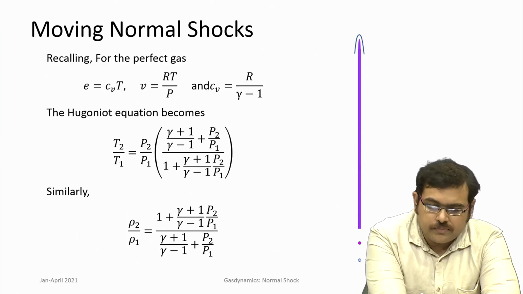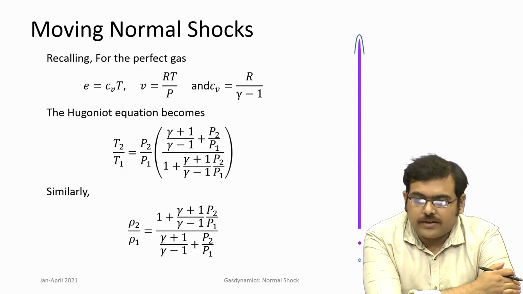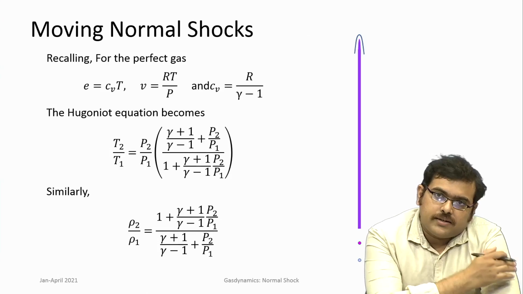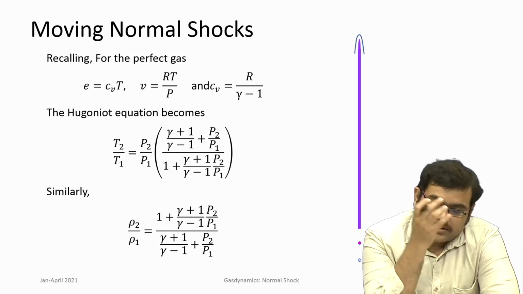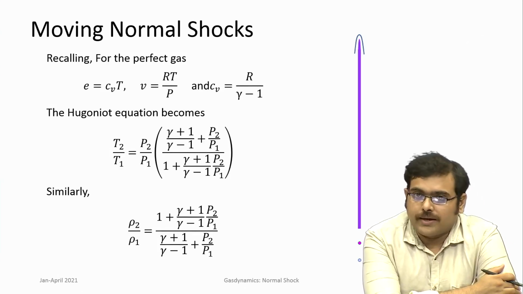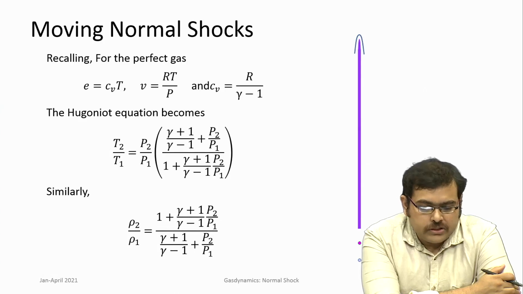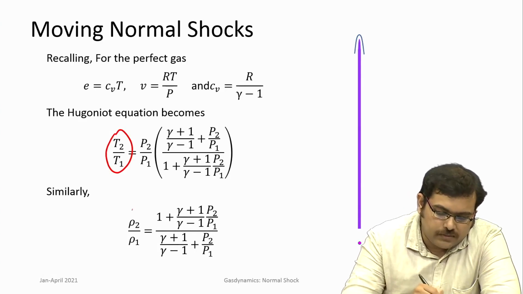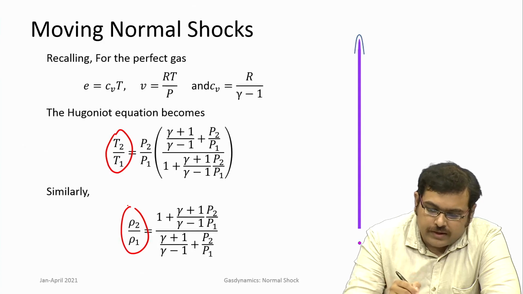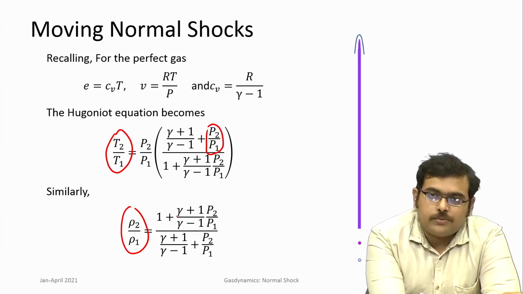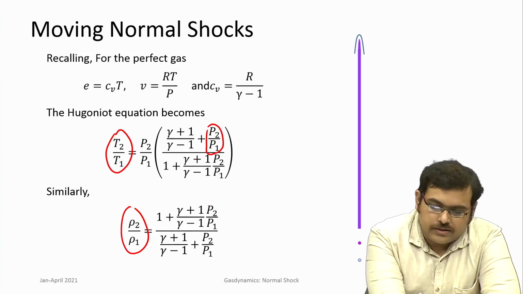So, now let us see how we can express all the different quantities. We are particularly interested in what is this gas motion, how much of this movement can be produced because of a shock moving, and to do that we use expressions from the Hugoniot, where all the ratios T2 by T1 and rho 2 by rho 1 can be expressed only in terms of P2 by P1, where P2 by P1 is nothing but the strength of the shock.